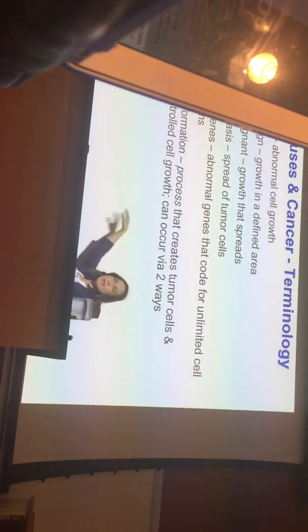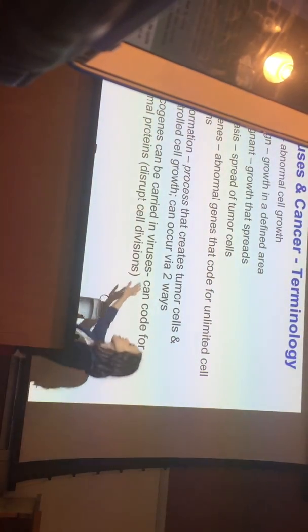It might be environmental, right? We know of some things, some strong links, like smoking or whatever it is. And then we also know that viruses can come into play. Viruses contribute because viruses can actually carry oncogenes.